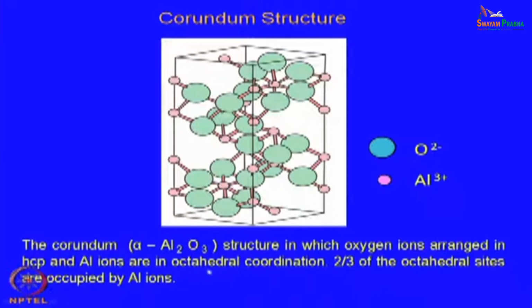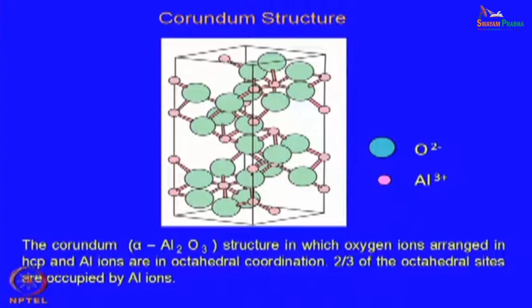So, the number of octahedral sites available to us will be the same as the number of oxygen ions in a molecule. The compound has a molecular formula which is Al2O3, that means the ratio of cations to anions is 2:3. Now, if you have the same number of octahedral sites as that of oxygen, which forms the basic skeleton, then the molecular formula should have been AlO, but it is not.